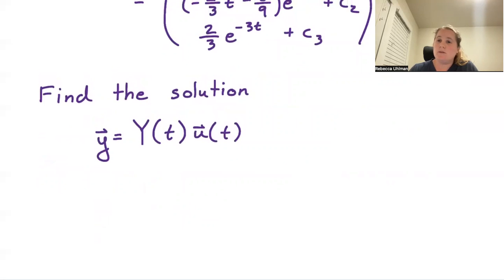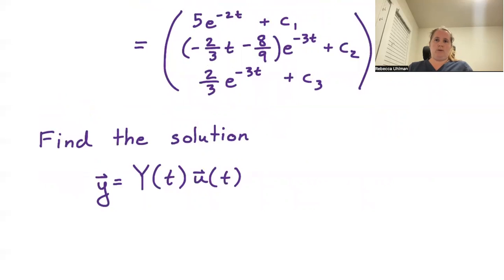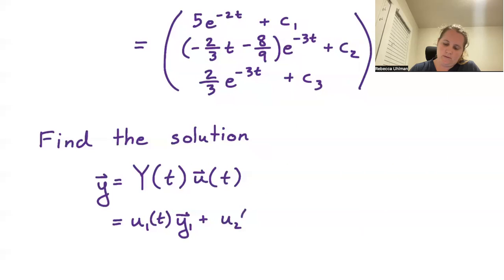Or we could do u1 times vector 1 plus u2 times vector 2 plus u3 times vector 3. So this is u1 times y1 plus u2 of t times y2 plus u3 of t times y3.